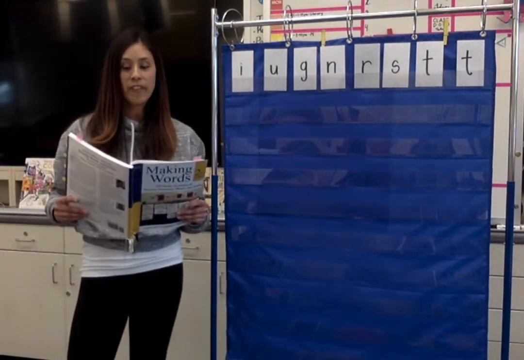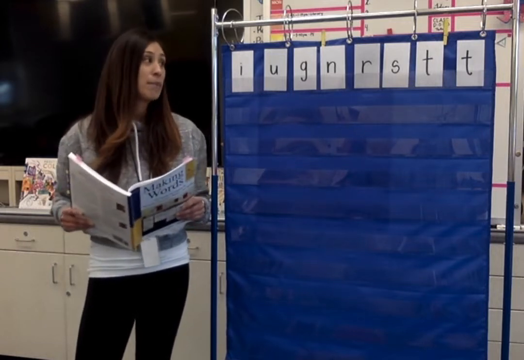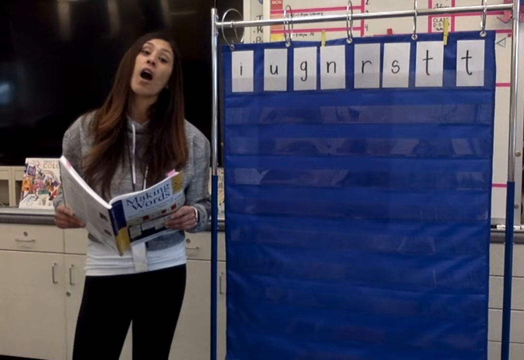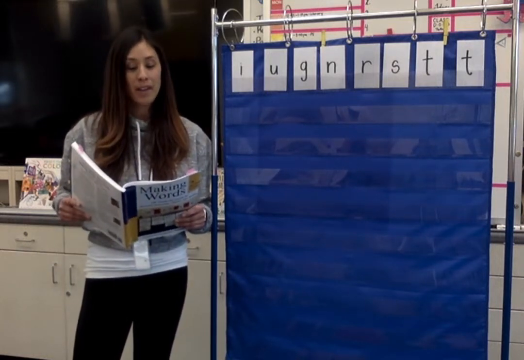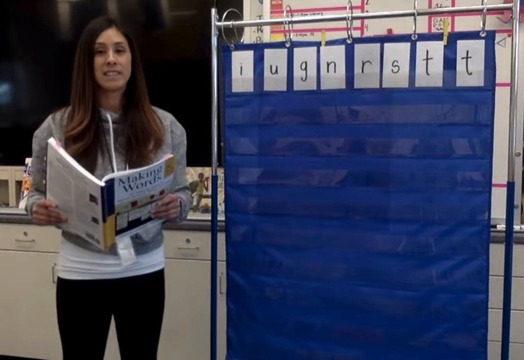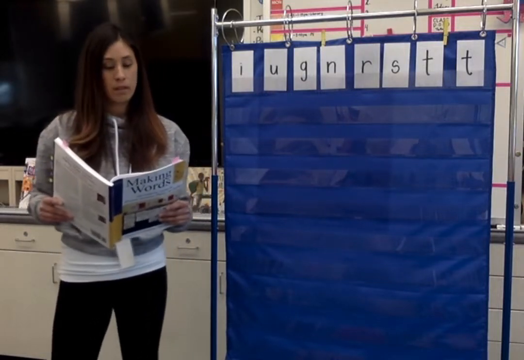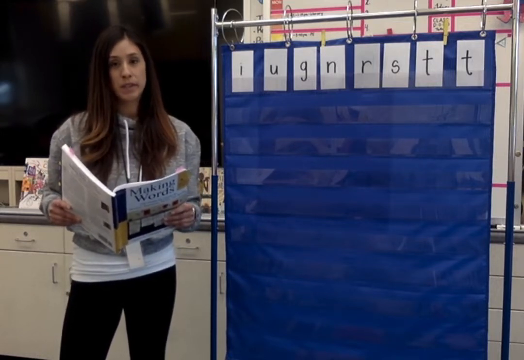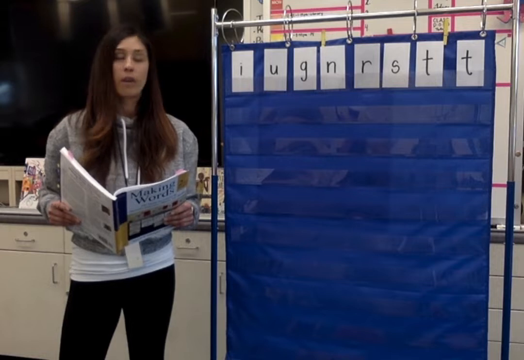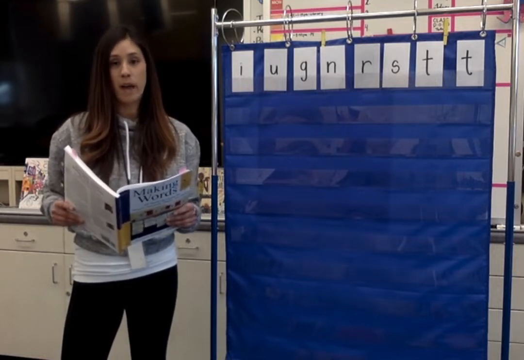The first word that we are going to build can be a chunk, but it can also be a word on its own. And that word is us. Go ahead and build the word us. Make sure as you're spelling it in front of you, you don't have any uppercase letters because this is not a proper noun.